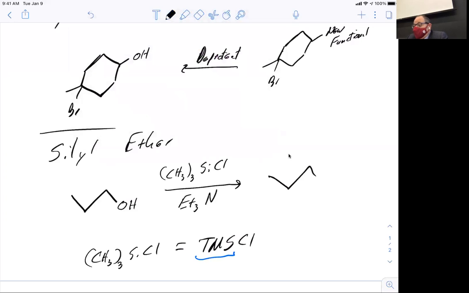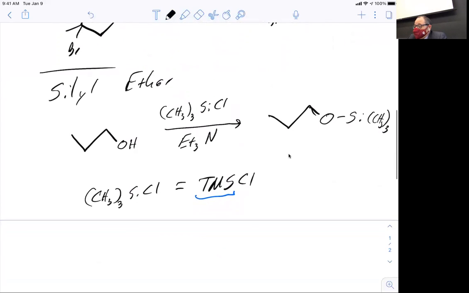This goes through a hypervalent mechanism to make the silyl ether. This is a good solid reaction, pretty mild conditions. Again, what you'll see often is it abbreviated as TMS.